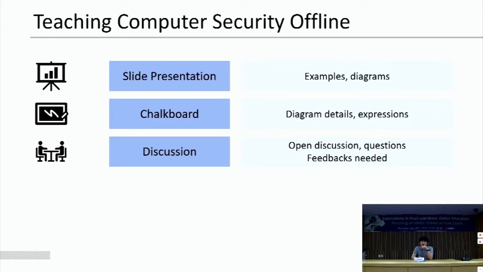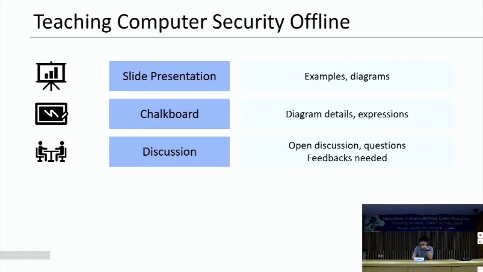And the third part is the discussion. I highly encourage the students to ask questions, because when I teach security, it is really hard to teach every single aspect completely. So students often have questions, many of which are pretty brilliant. From those questions, we start a short discussion, which could become a really long one.